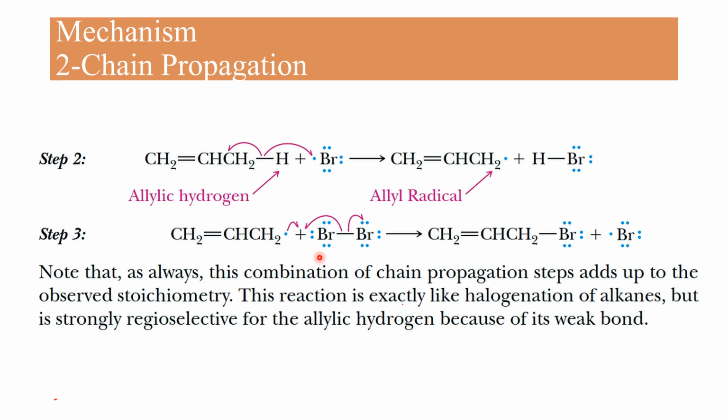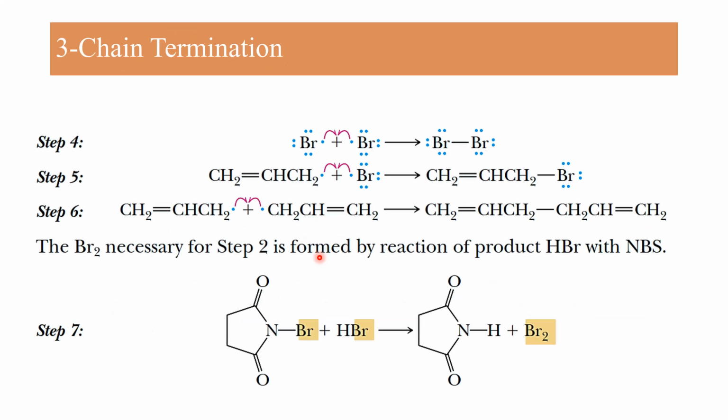So basically, when the Br radical is formed from the NBS, it is continuously generating in the system. There is a Br radical in the system, and another Br radical in the system, because we are not providing only one molecule. There are a number of molecules present in a certain amount of NBS, so they are continuously giving the Br radical in the system.